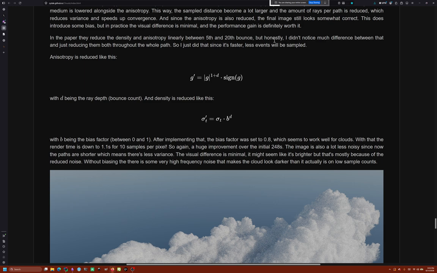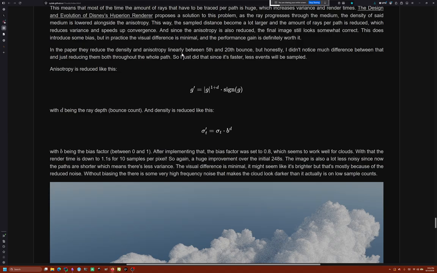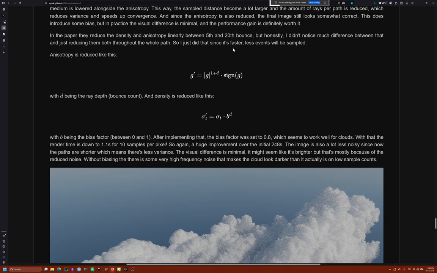Interesting. Okay, yeah, so it's becoming more of a uniform, lower density volume over bounces.